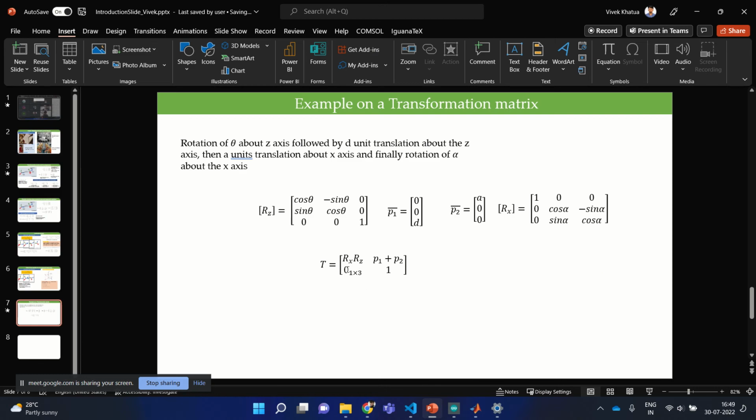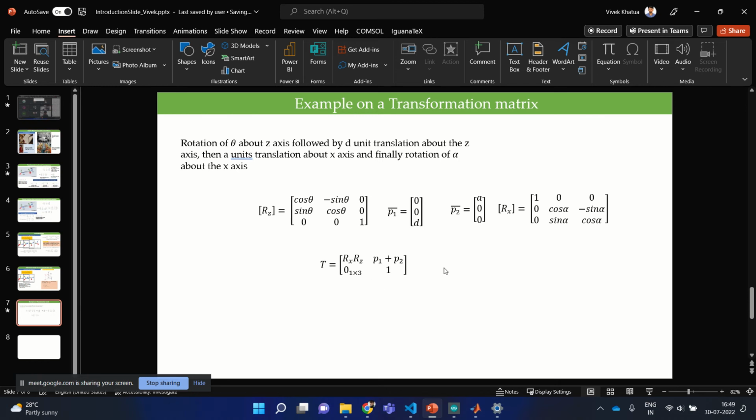Yeah. So the rotation matrix will be a 3 by 3, but that will be a sequential rotation, z first and then x, and your translation matrix will be p1 plus p2, where you have a units of translation in the x-axis and d units in the z-axis. Your perspective parameters will all be 0 since we are working with rigid bodies, and your scaling parameter will be 1.